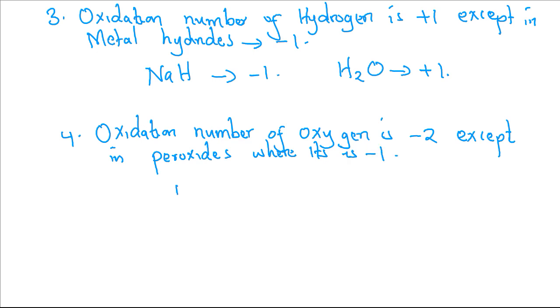So if you have sodium hydroxide, the oxygen is -2, but in hydrogen peroxide, the oxidation number of oxygen is -1.